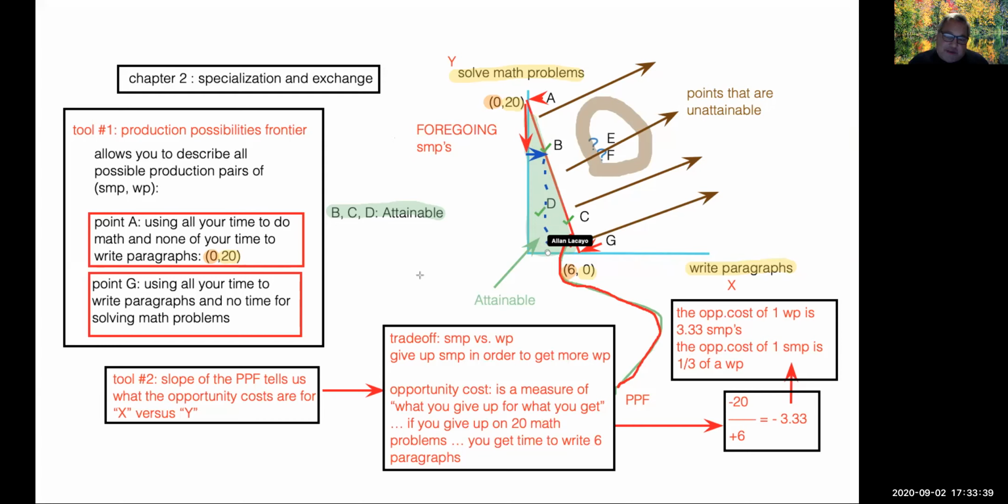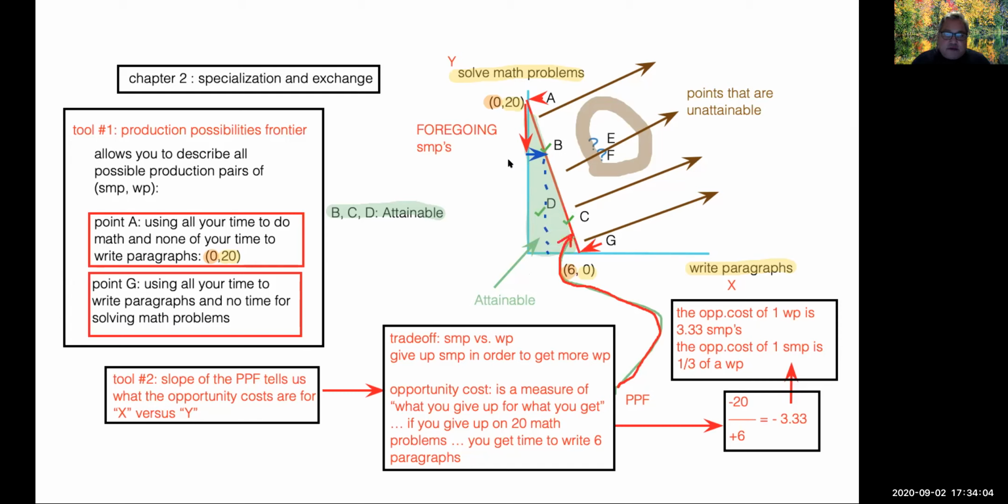So the question then becomes, at what rate are we trading off? Are we exchanging math for written paragraphs? And because the production possibilities frontier in this case is a straight line, it forms, along with the x and y axis, a triangle here.